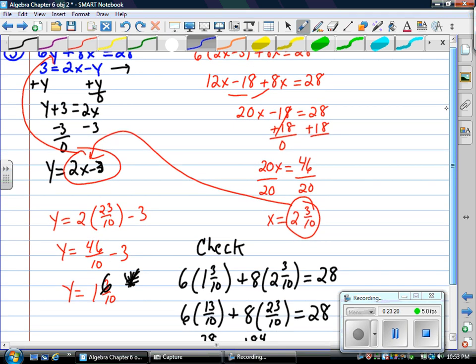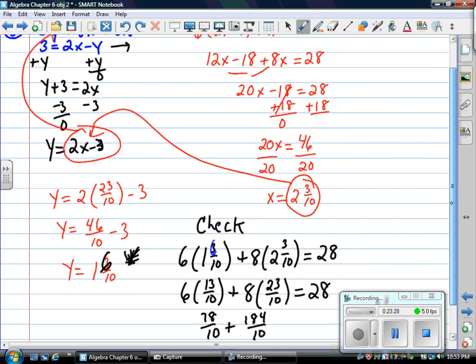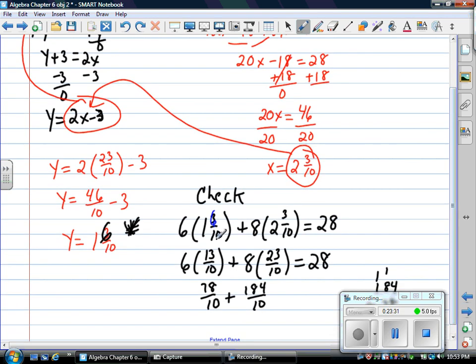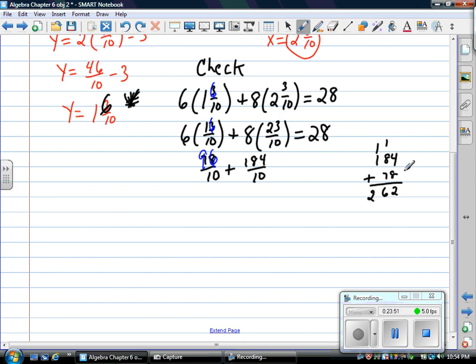Y and x, that was right. So this would be 6/10, and then this should be 10 times 1 is 10 plus 6, that should be 16 over 10. 6 times 10 is 60. 6 times 6 is 36. 60 and 36, that's 96 over 10. 96 plus 84 is going to give me what? 280 over 10.